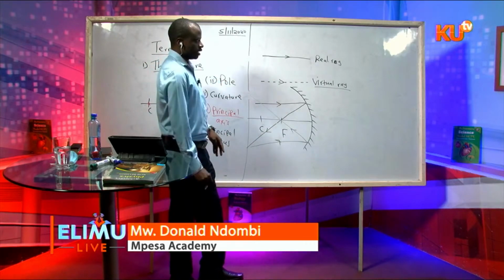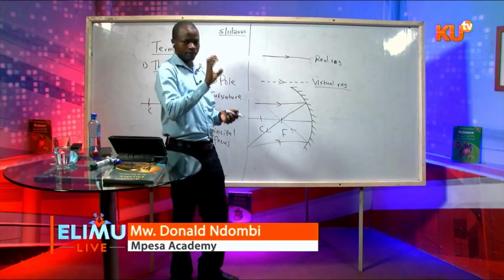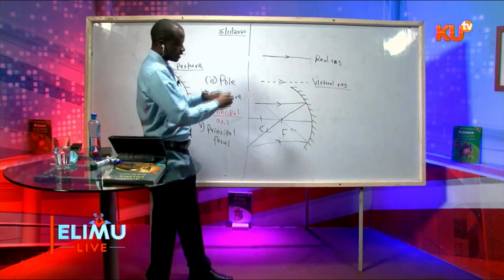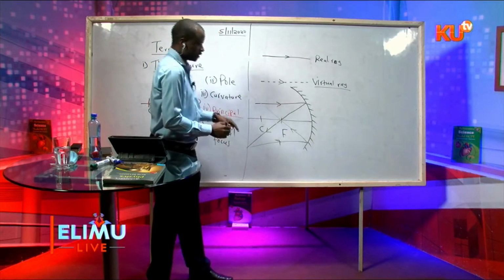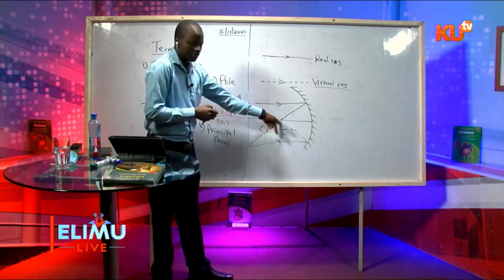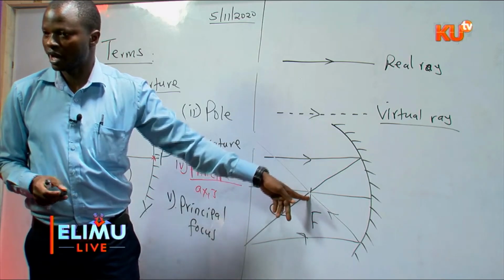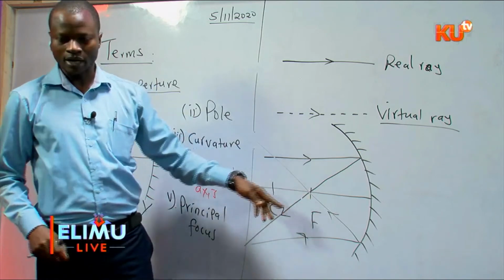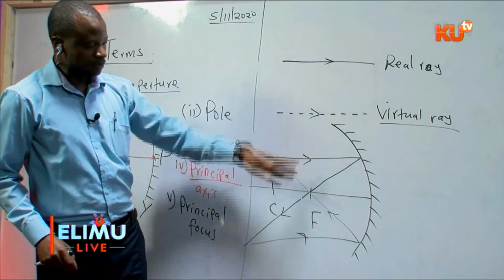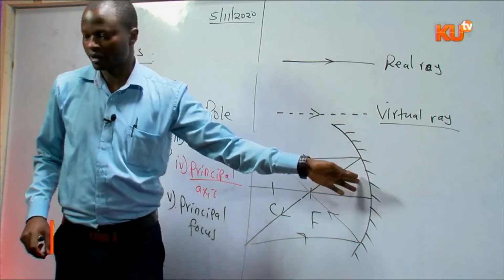You know a projector? If you look at a projector, there is a small lamp there, and that reflector is called concave because all rays that are parallel to the principal axis will meet here, and that is how we form the image, a clear image on a projector. And we shall see more other options, like even the car headlamps, we use this type of reflectors.